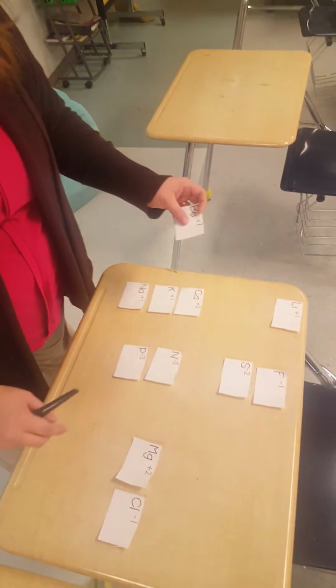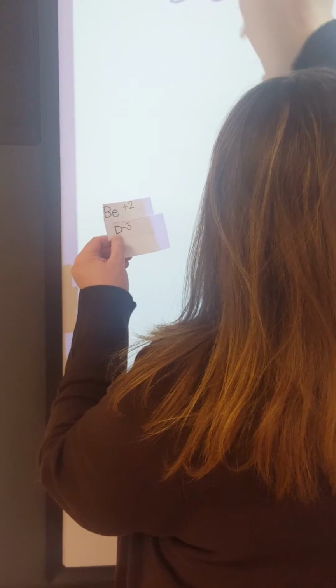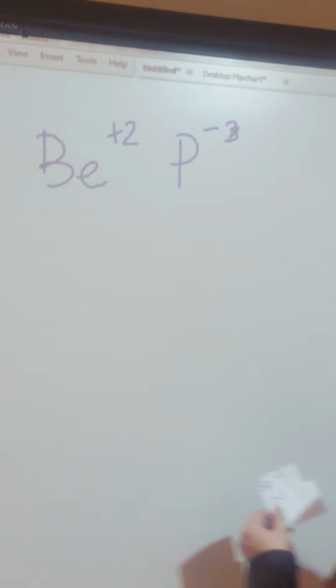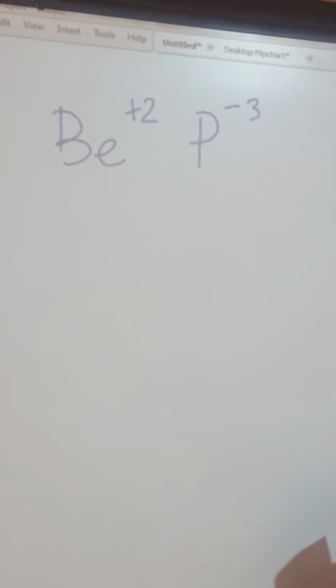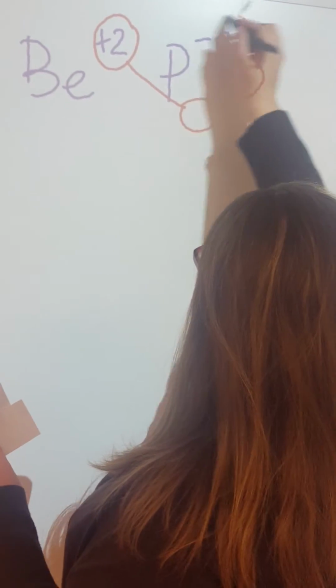I'm going to pick beryllium and phosphorus. So I have Be +2, and phosphorus is a -3. The first thing I want to do is crisscross. So this 2 is going to come here, and this 3 is going to go here.